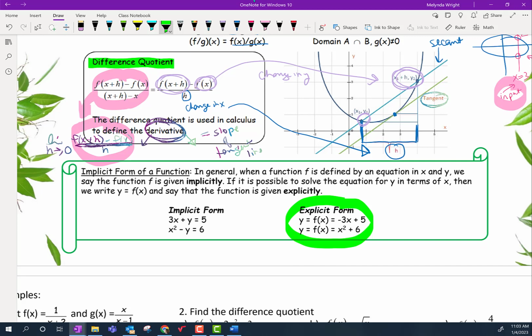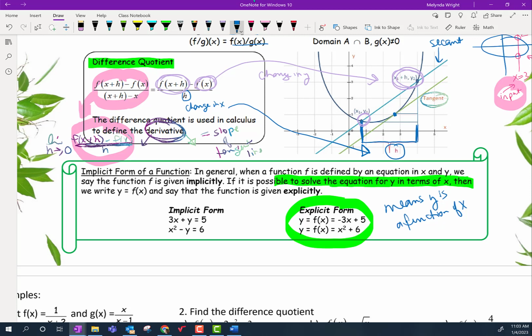Basically we solve the equation for y in terms of x. The words here mean that y is a function of x, and those are the words that your textbook uses. You're going to have some examples in your homework where it's going to ask you if y is a function of x.